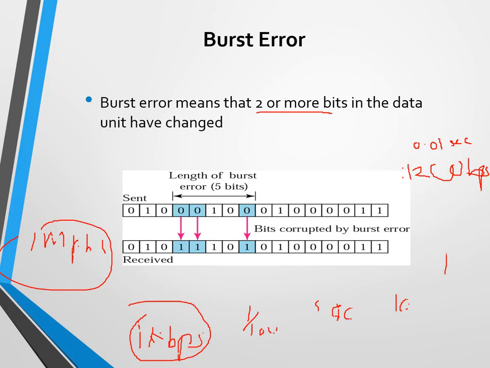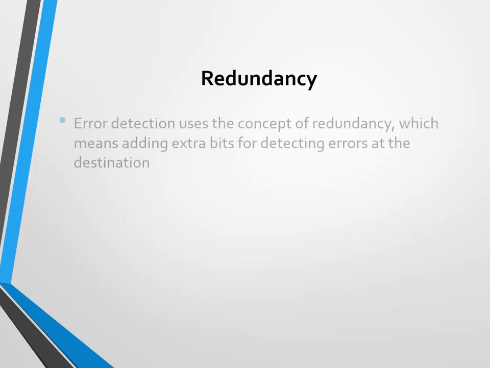For a device to check for errors this way, it will be costly and slow. So we don't need a machine that decodes everything and decides whether a specific word makes sense or not. We need a simple mechanism, and that is called redundancy. What is redundancy?